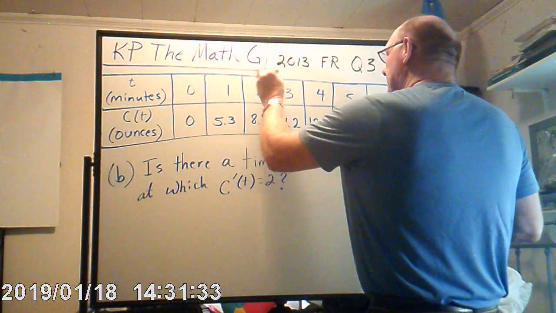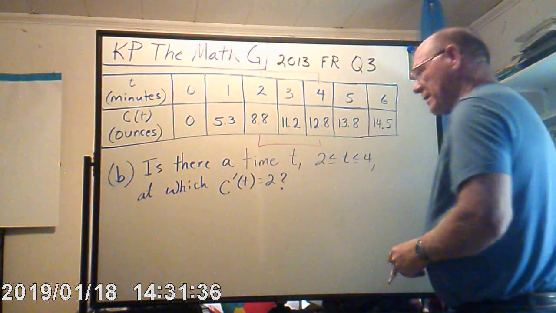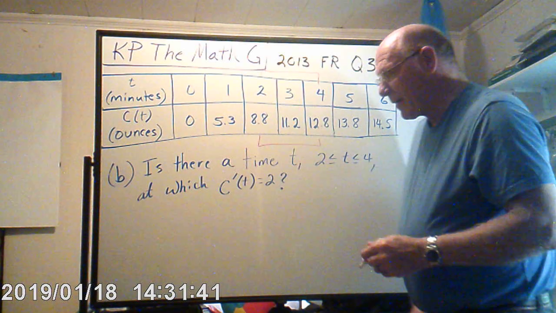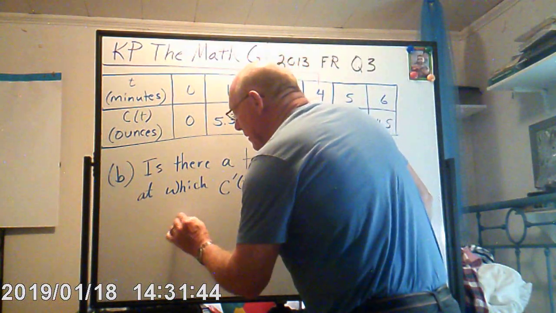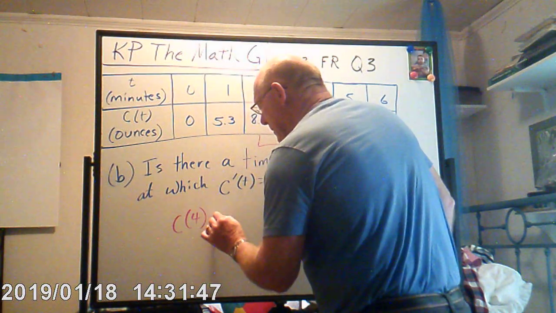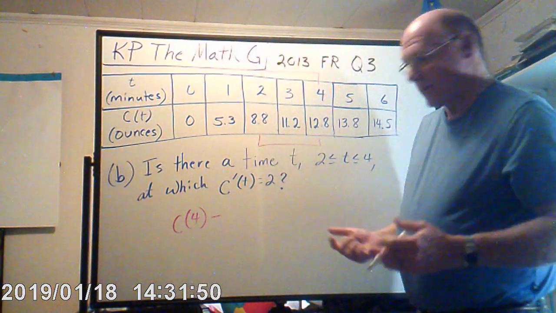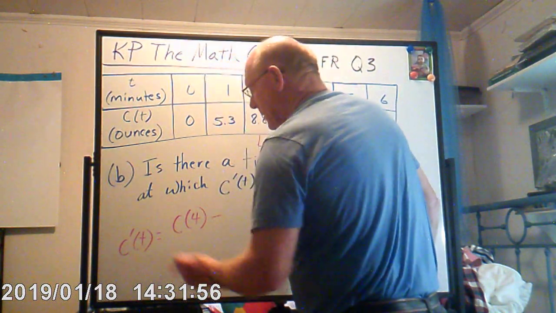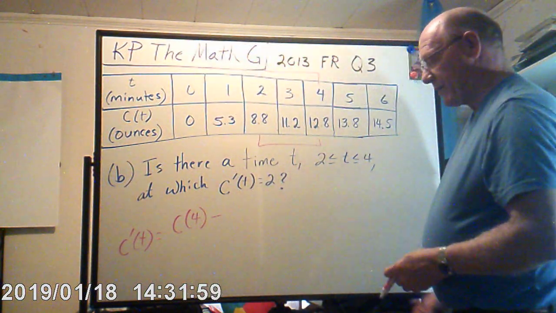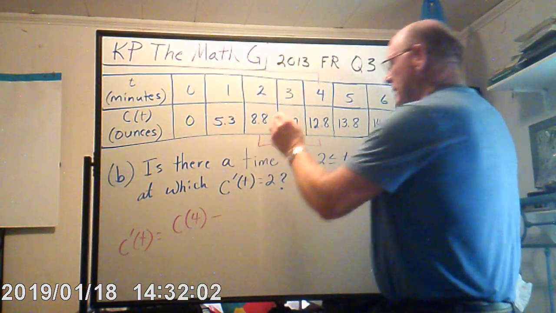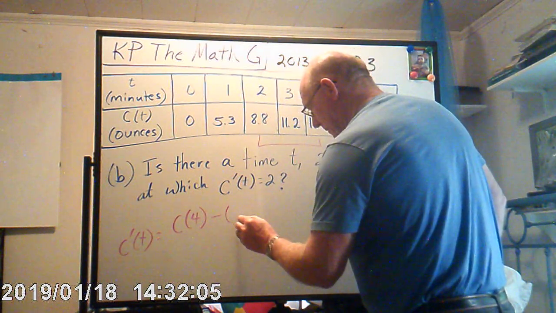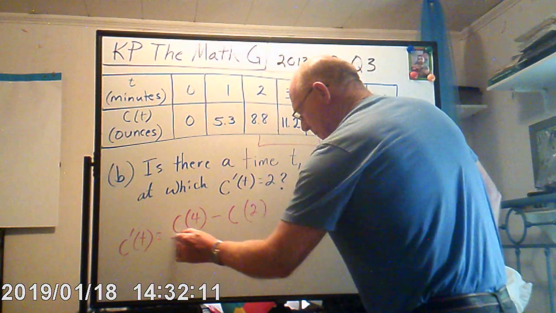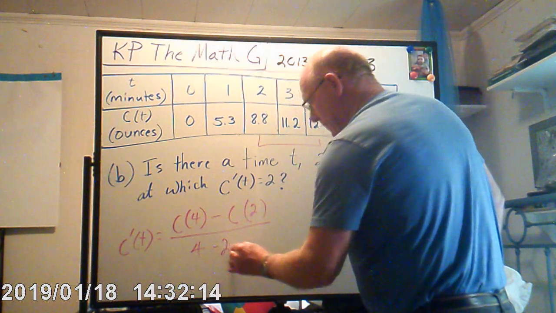Between 2 and 4, what we really want to look at here is C at 4. This is kind of like the slope. So C prime of t is equal to C of 4 minus C of 2, all over 4 minus 2.